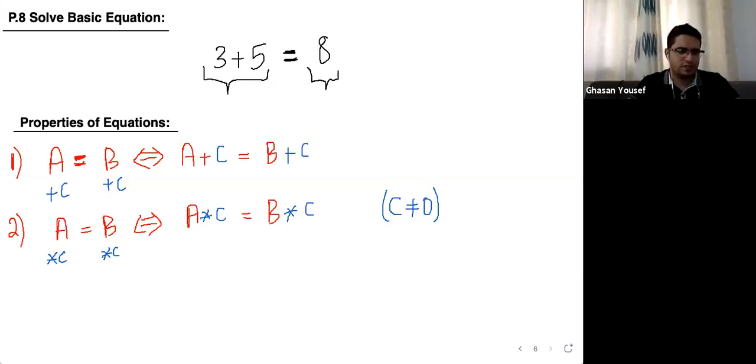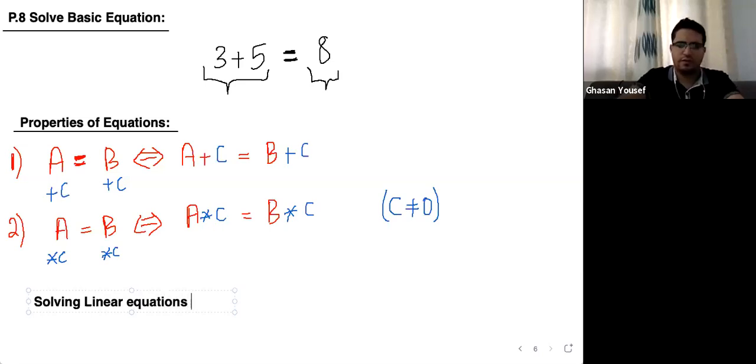Now, the first thing in this section is solving linear equations. So we're going to start with linear equations. Solving linear equation in one variable.